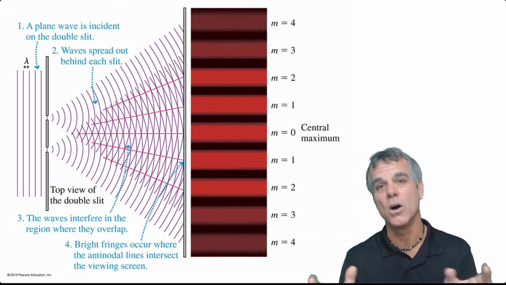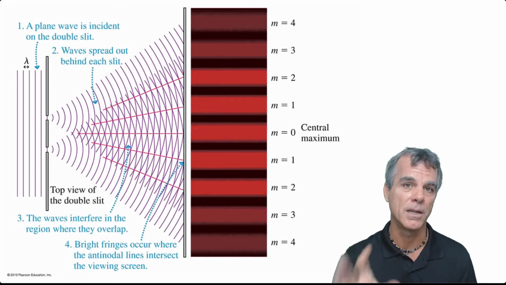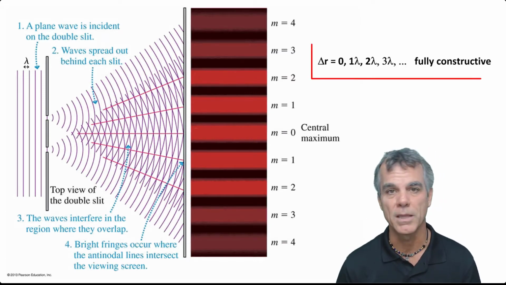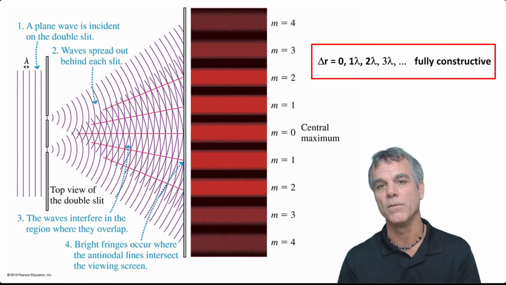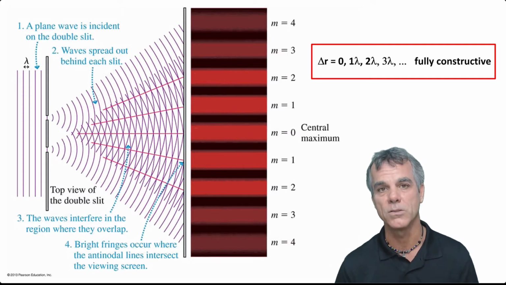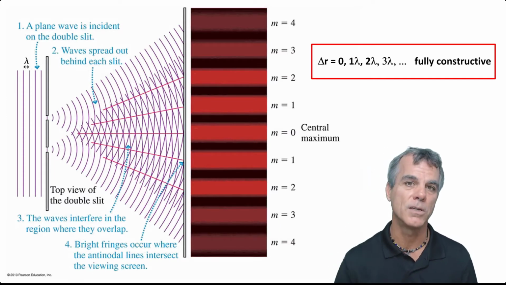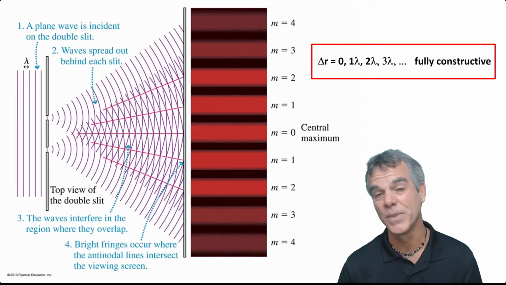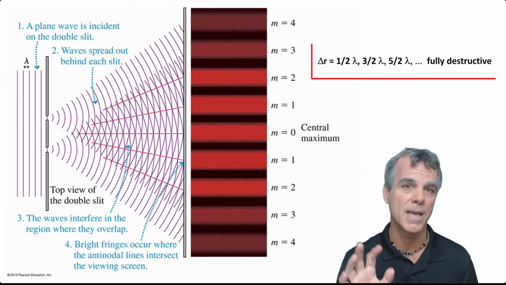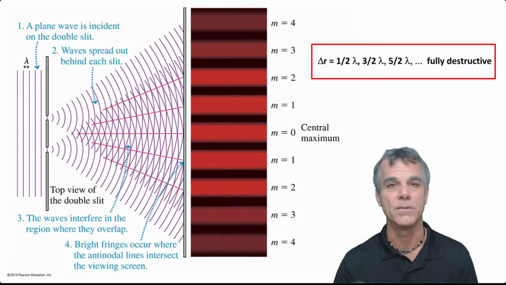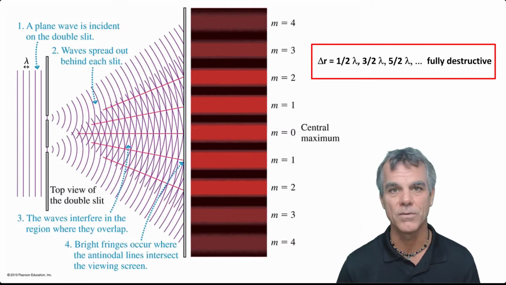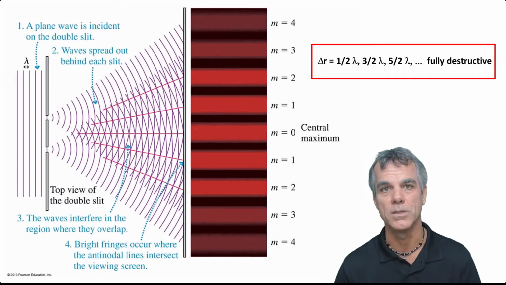And again, this is all based upon a path length difference. Anytime the path length difference is 0, or 1 wavelength, or 2 wavelengths, or 3 wavelengths, and so on, I get fully constructive interference, a bright fringe, and anytime the path length difference is a half a wavelength, or 3/2, or 5/2 of a wavelength, and so on, I end up with fully destructive interference, or a dark fringe.